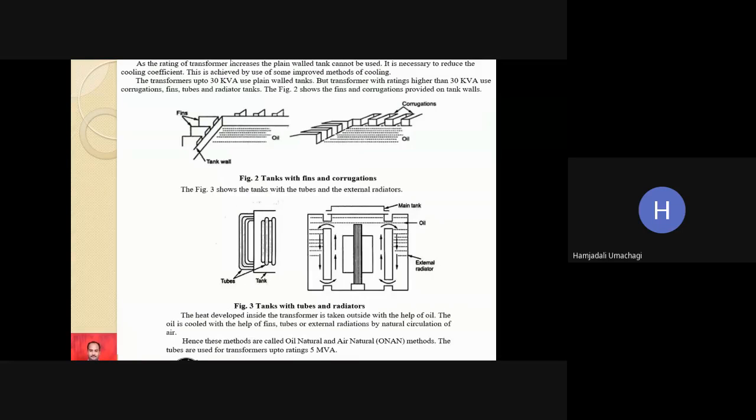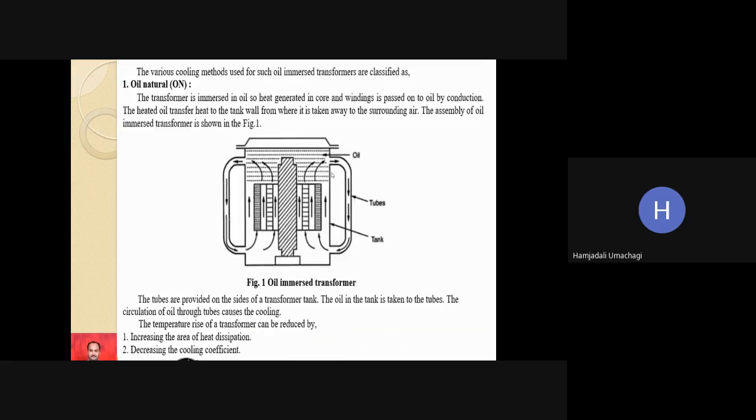Now, as the rating of the transformer increases, the plain walled tank cannot be used. It is necessary to reduce the cooling coefficient. This is achieved by the use of some improved cooling methods. So if I increase the transformer rating, the same natural cooling method is not sufficient to cool the transformer. In that case, we have to decrease the cooling coefficient.